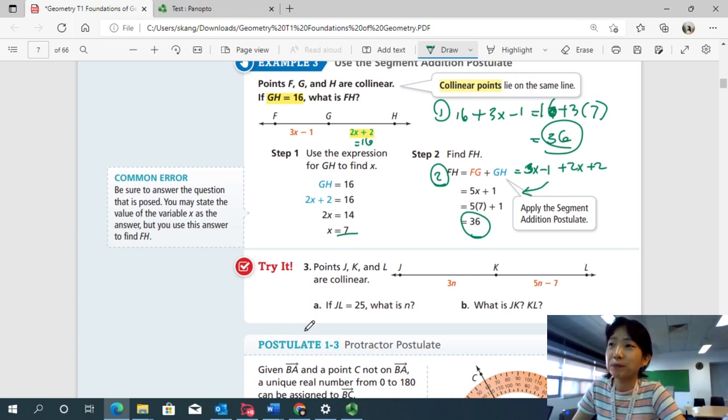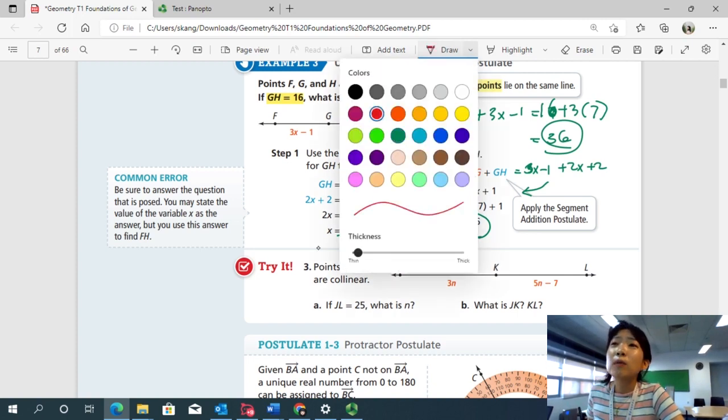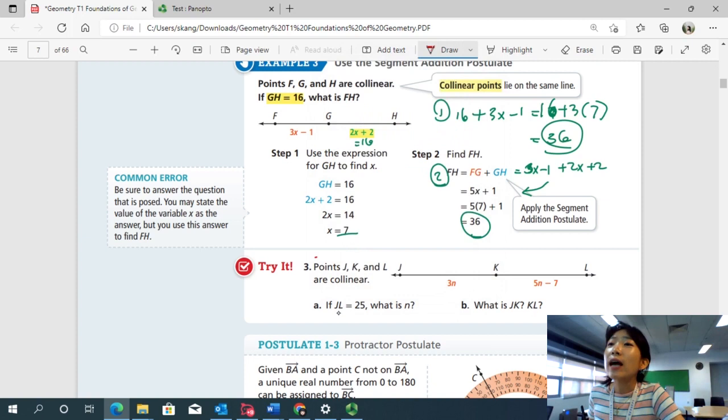Okay, are you ready? First, what is the important information you have? If JL is 25, if the entire thing is 25, what is N? So you can add the expressions by using the segment addition postulate, right?